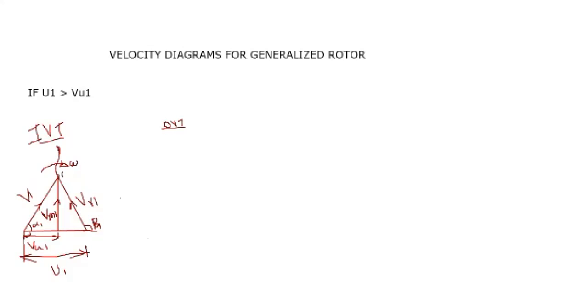This is 1, this is 2. Now, in this portion I will draw the velocity triangle.